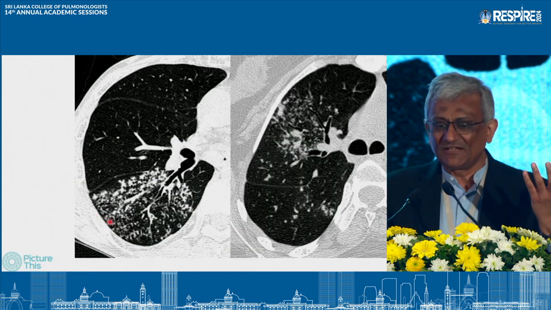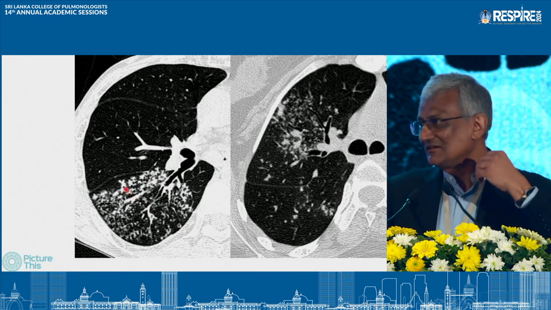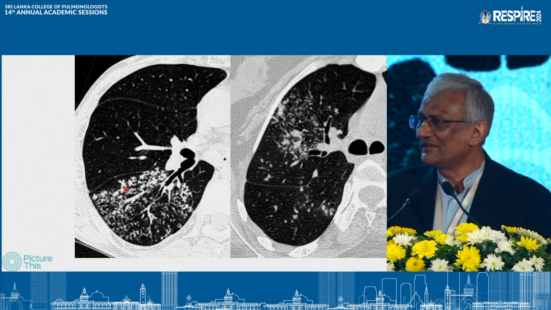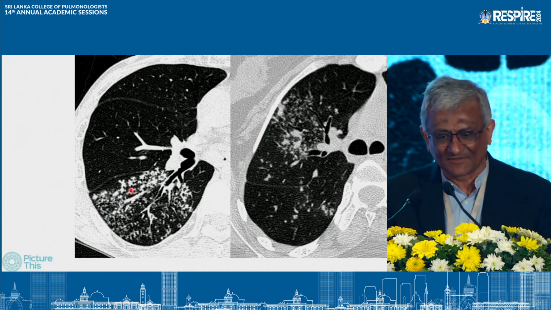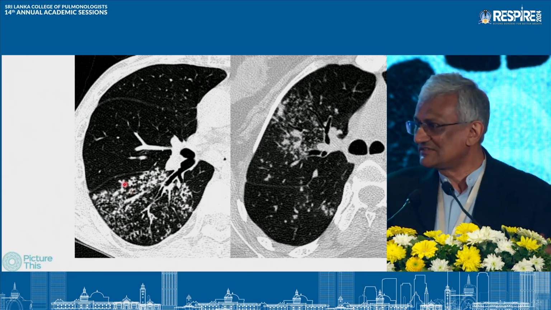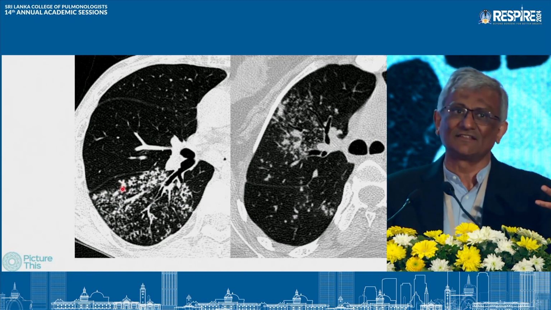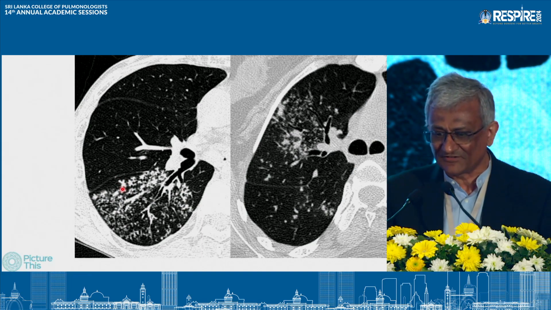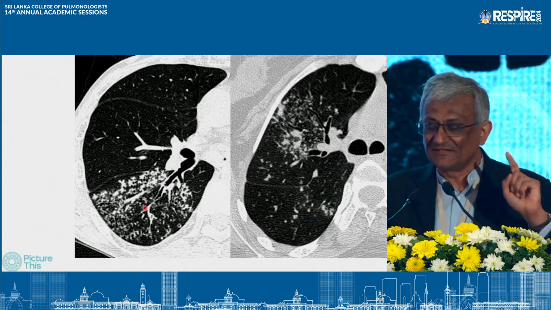And typically we understand TB. We see this tree and bud, an unfortunate term coined in South Korea when the first paper came out, doesn't make sense, but nevertheless, we use the term tree and bud because you get these budding areas here, and this tells us that this is inflammatory or infectious bronchiolitis. But this is usually focal and a little dense.